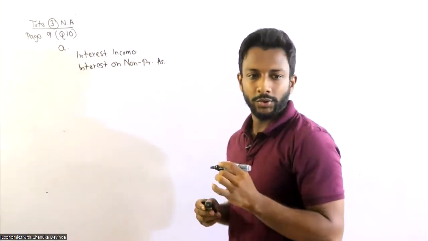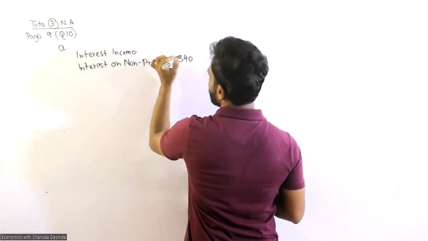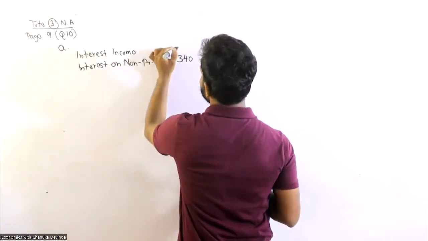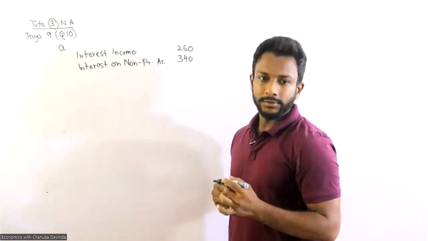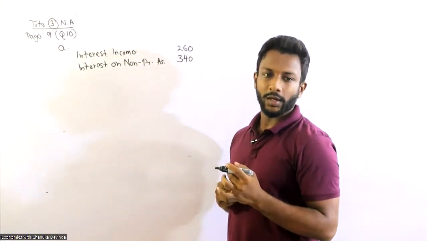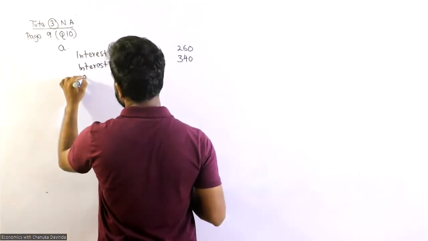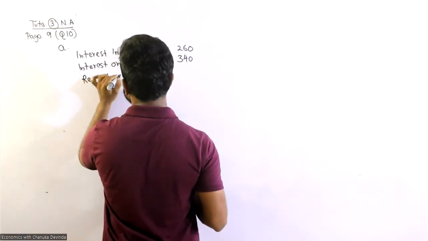How much is it? 340. Interest income is 260. And the next line item, rent income, if any. But here there is no rent income. Rent income is 0.